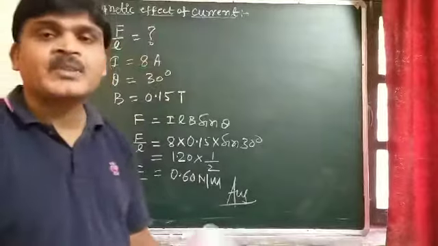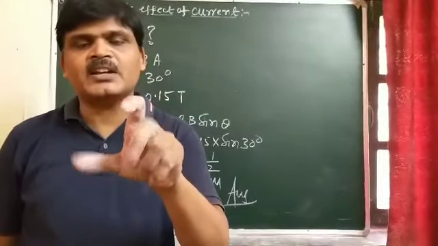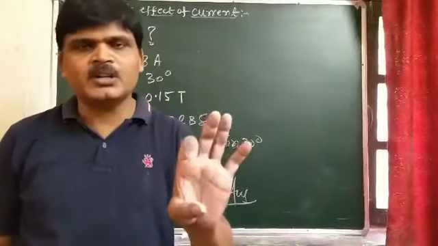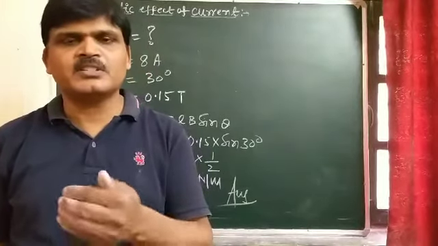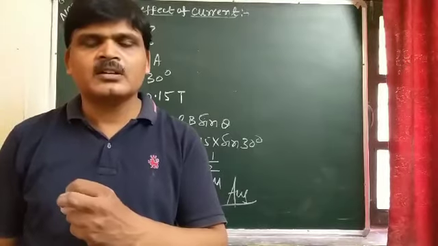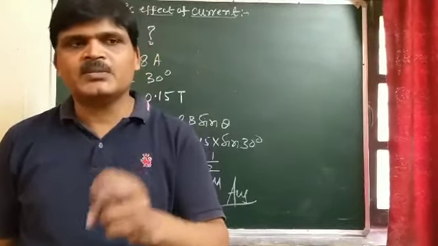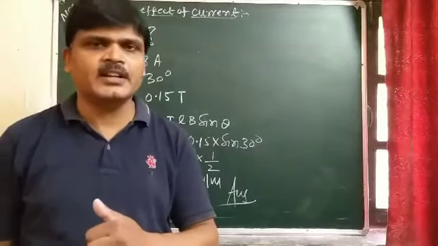So student, this wire which is placed inside the magnetic field of the solenoid, and this wire is kept perpendicular to the axis of the solenoid. So when a current carrying conductor is placed into the uniform magnetic field, it experiences a force, and the angle between the magnetic field and current element vector is 90 degree.